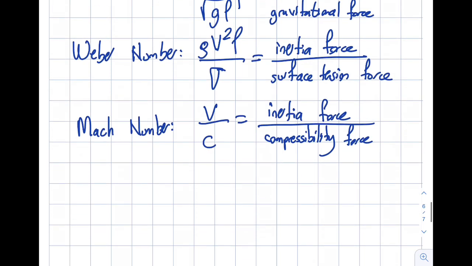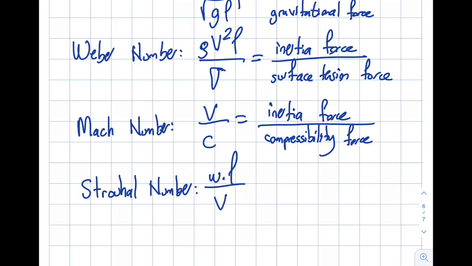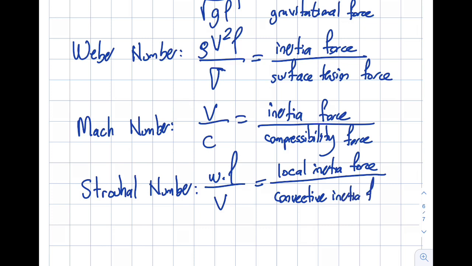Next is the Strouhal number. This is omega L, omega is the frequency, divided by the velocity. Okay, and this will give me the local inertia force ratio to convective inertia force.